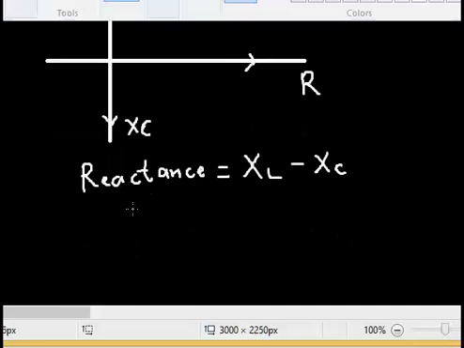Then of course the resistance, which we already know, is the horizontal, which is R.